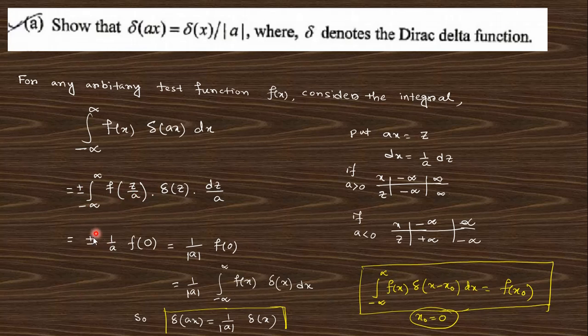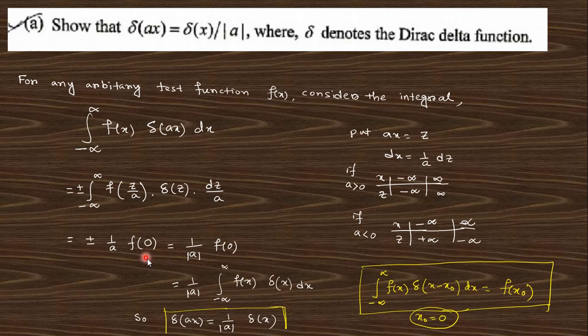So this is nothing but 1 by a, and this can be written as f of 0, because we have this property of the Dirac delta function. You know the Dirac delta function; we already took a theory class on it. You can watch it, where this property is written. Here z is 0, that's why this is written as f of 0, because there is delta(x minus x0) times f of x0, right?